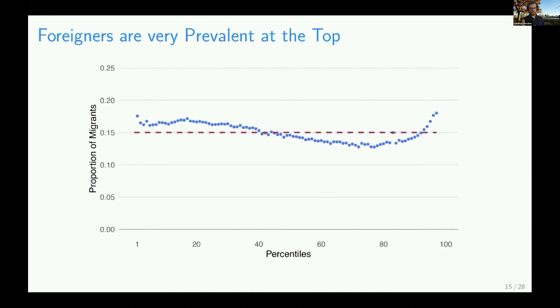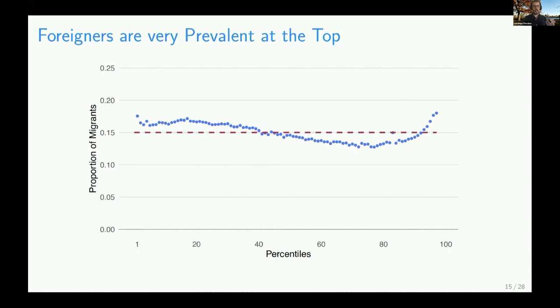So as I mentioned, the picture is truncated at the 97th percentile. You can see that the average share of migrants throughout the distribution is around 15%. That's the red dashed line. And another important aspect of this picture is that migrants appear to be concentrated at the bottom of the distribution.